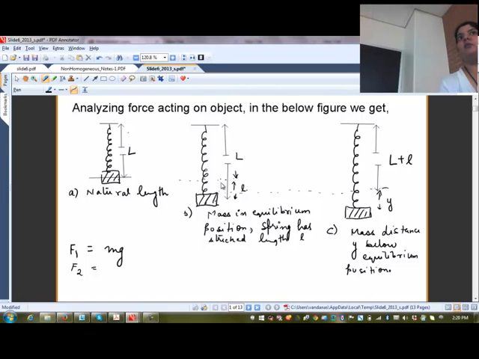Spring. Right, the spring is making a force. The spring constant is also creating a force. The name of that is the restoring force. So you have a restoring force here, and this I will denote as F2, and this will be equal to what?